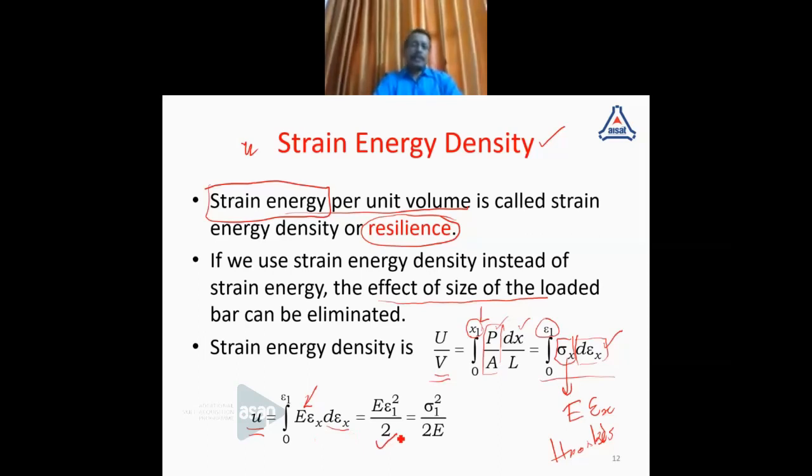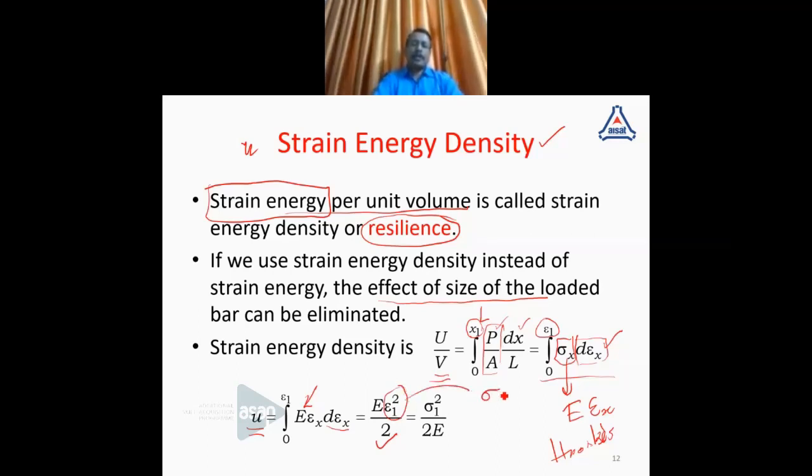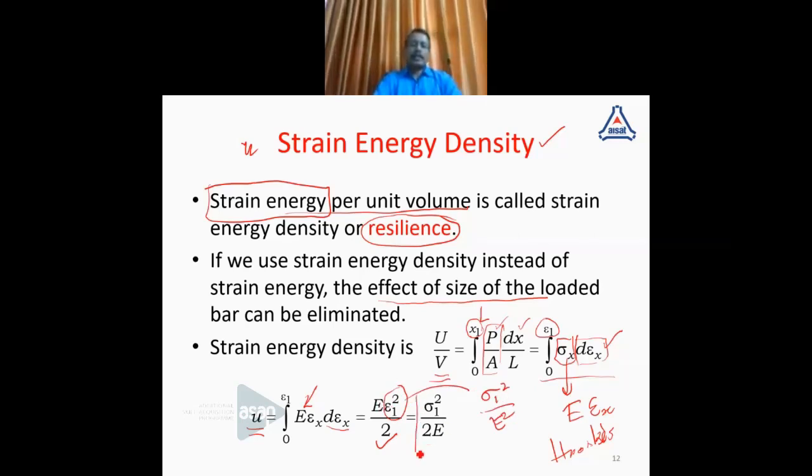And if we want, we can replace epsilon 1 square by sigma 1 square by E square. This E and one E will cancel, and finally we get this expression for strain energy density. So this expression also we have to remember. Strain energy density is sigma 1 square by 2E, or sigma square by 2E, in a linearly elastic material.